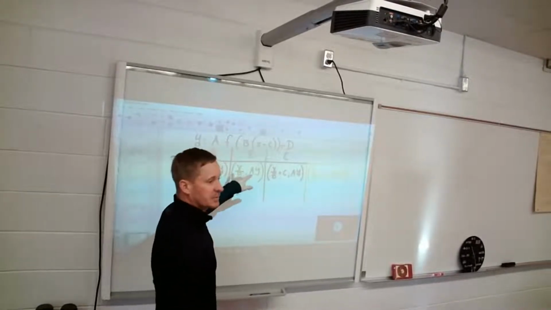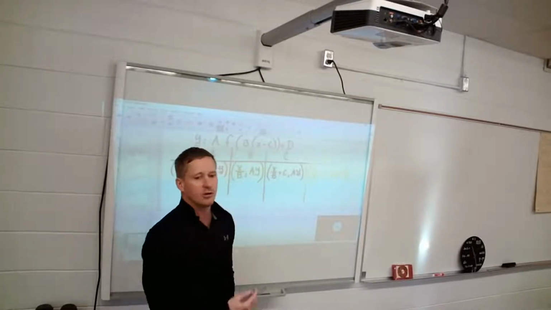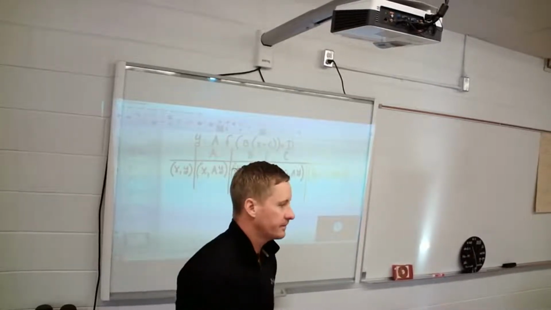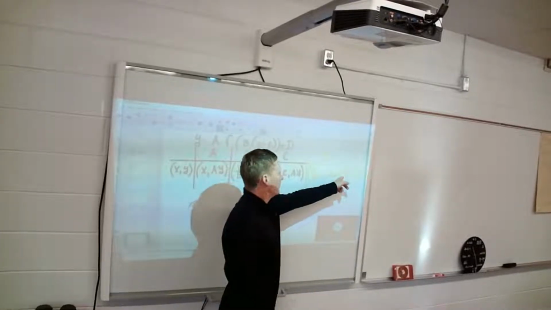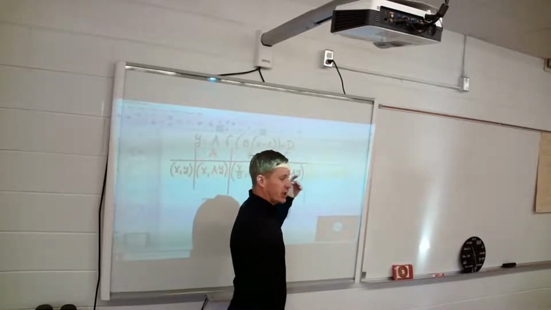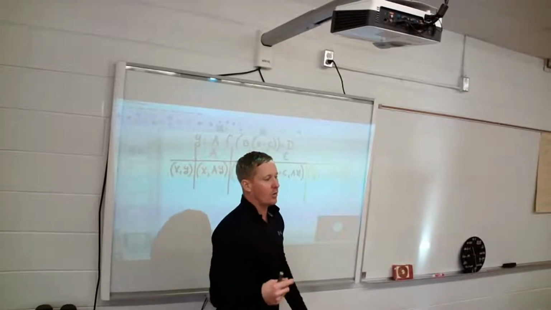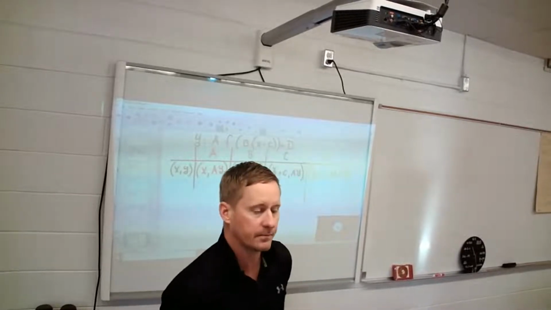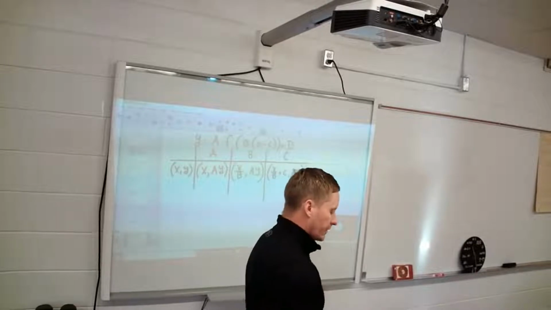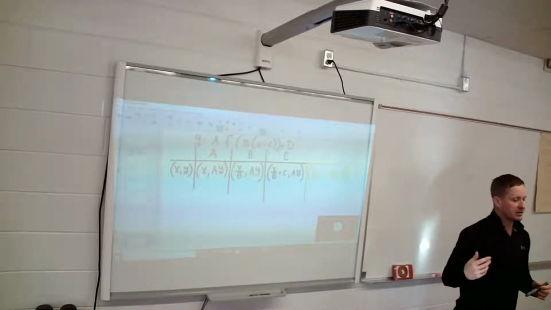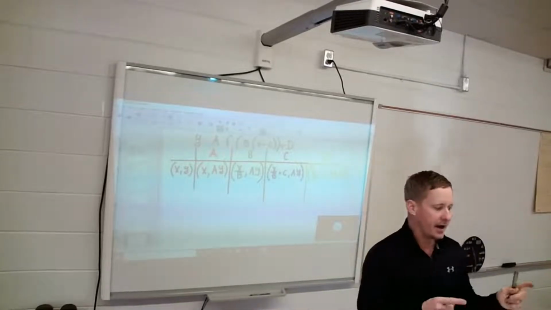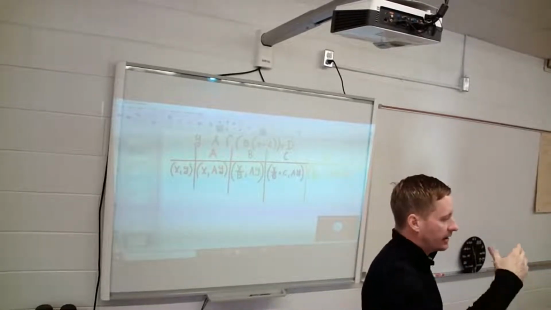After I've made the adjustments here, I add c to them, so I move everything to the right. And then my d value, I have all these other adjustments made, and then I add d to all my y values.